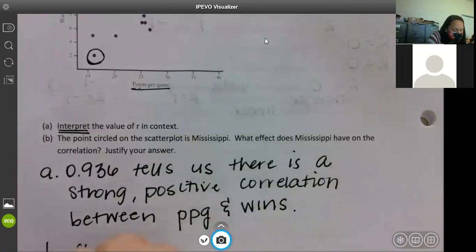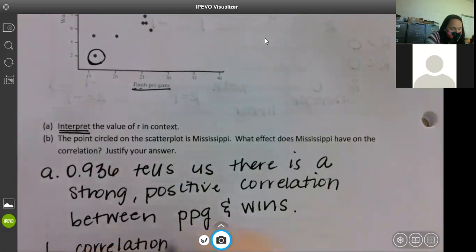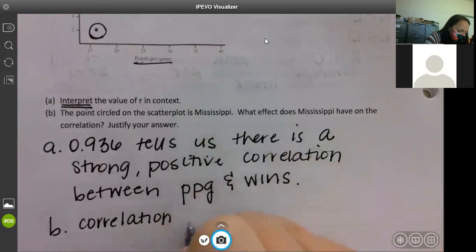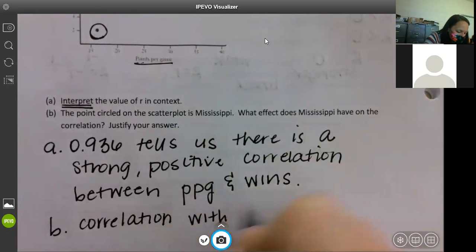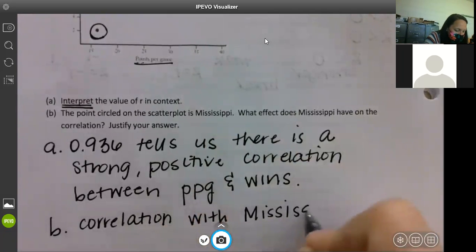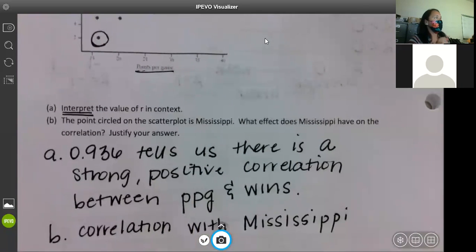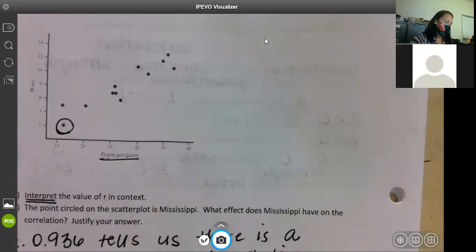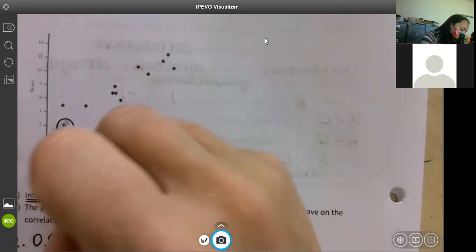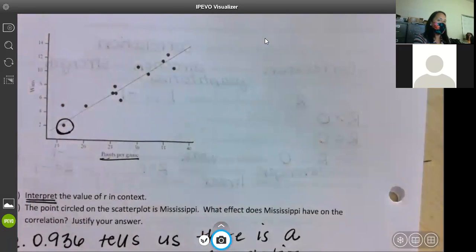Okay, so correlation. Let's talk about it this way. With Mississippi, all right, let's think about it for a minute. We're going to look at our line of best fit. And I did listen to you, but see if you change your mind in a minute. You may not. It may be the same. With correlation, our line of best fit is kind of here with Mississippi.